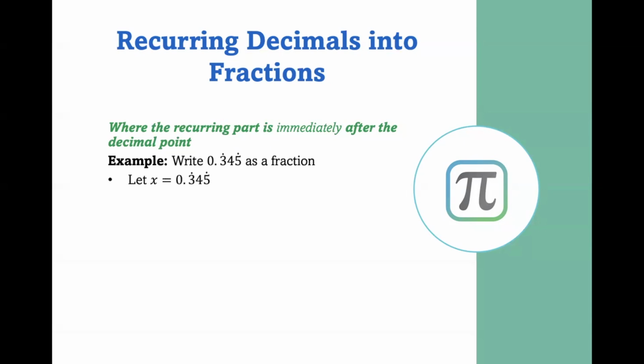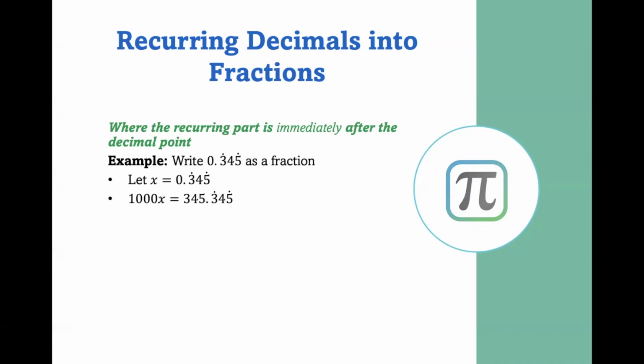So what we would do is just put this into kind of equation style format. We have let x be 0.345 and then we multiply. And because we have three characters that repeat in this sequence, we would multiply here by 1,000.